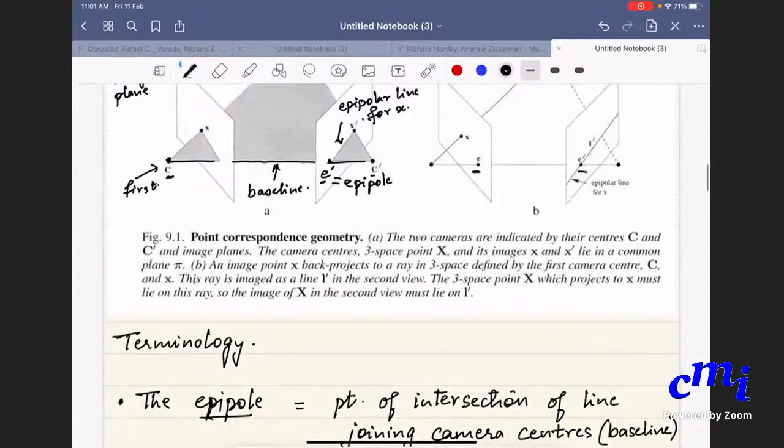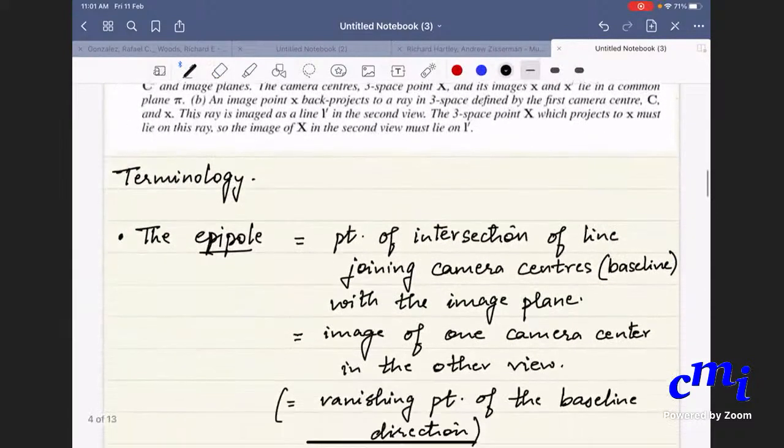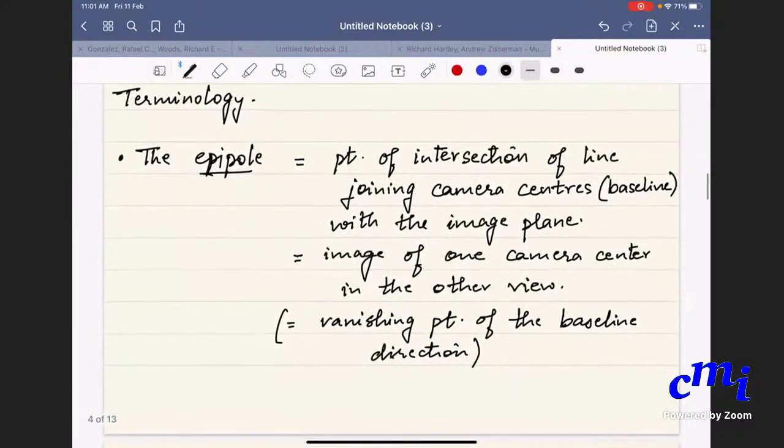This is the projection that you get if you are viewing C from C prime, and this epipole is what you get if you are viewing C prime through C. So this description of the epipole is also fine: it is the image of one camera center in the other view.